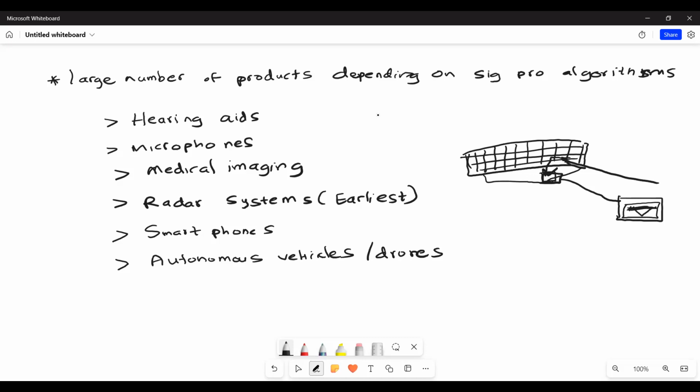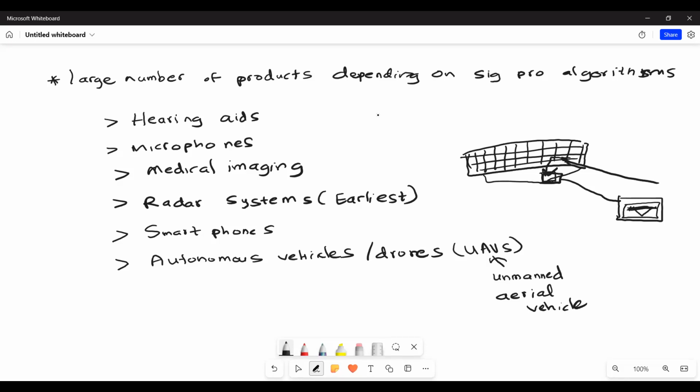That is why I'm mentioning it separately. Autonomous drones, we also call them in the scientific world UAVs, or unmanned aerial vehicles.